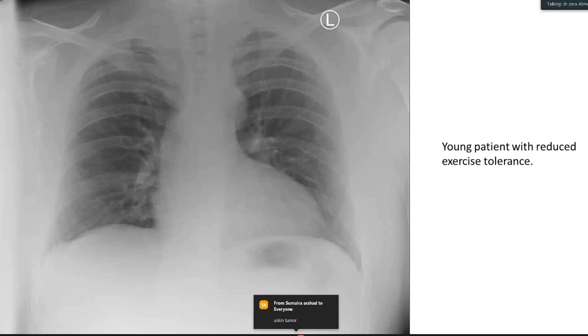All right, so you see cardiomegaly in a young patient.